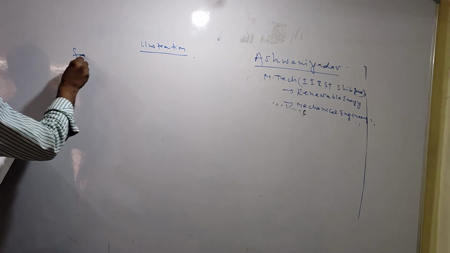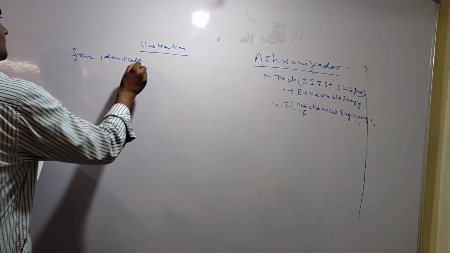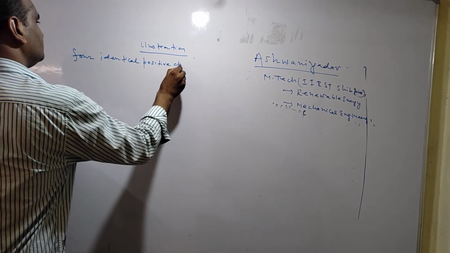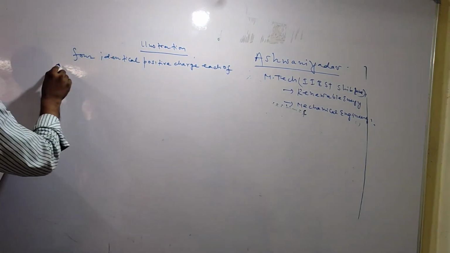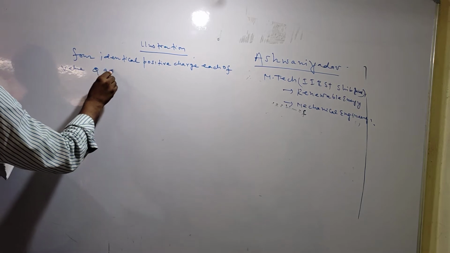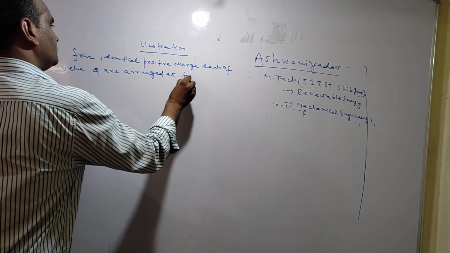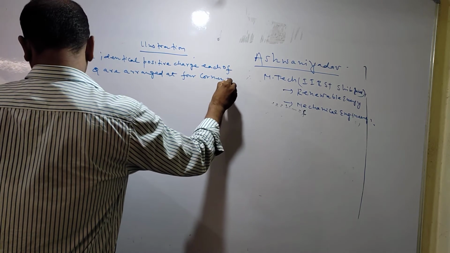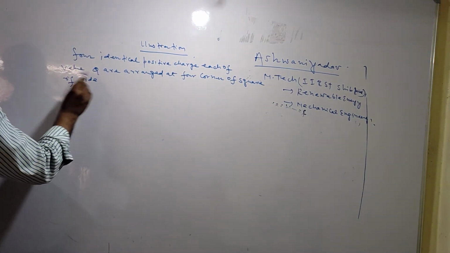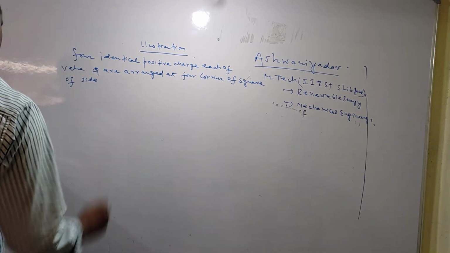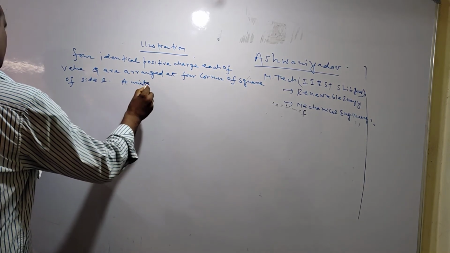Now we have 4 identical positive charges, each of value Q, arranged at 4 corners of a square of side L.